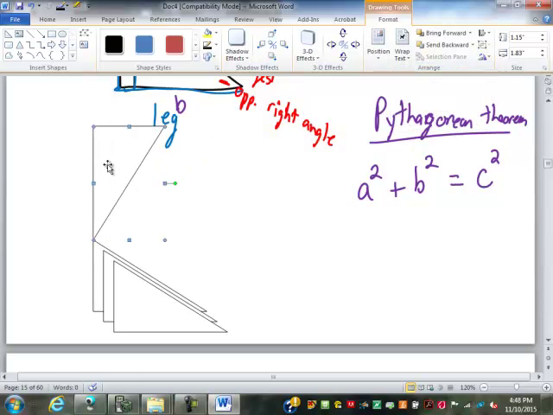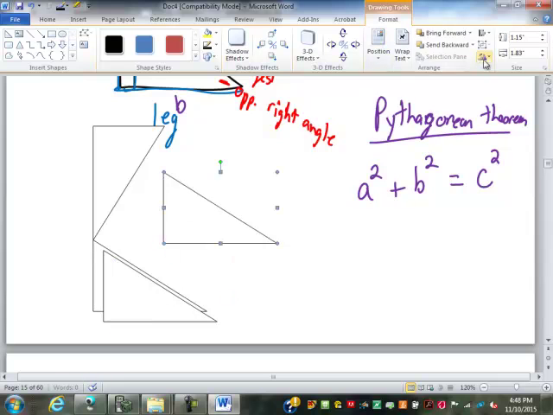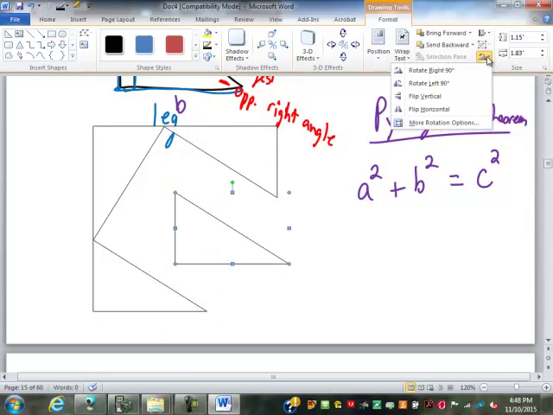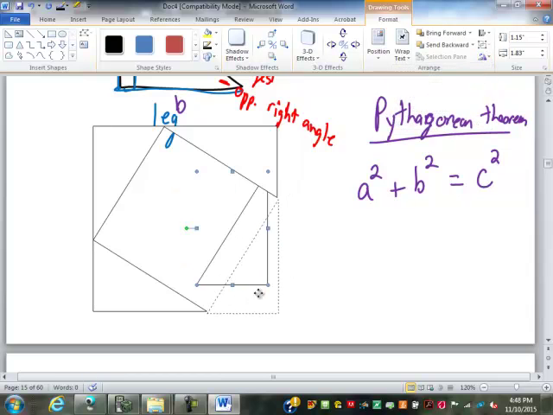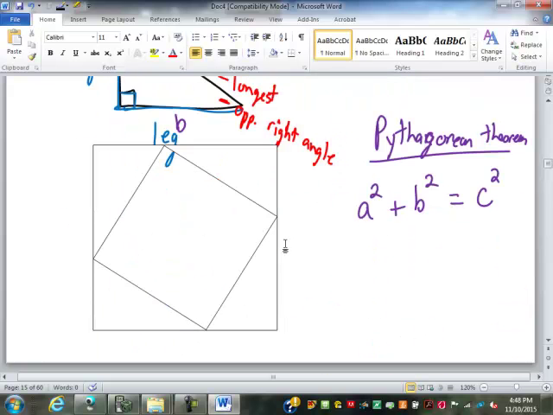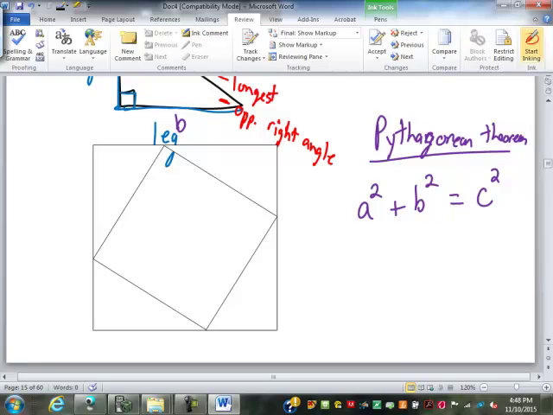So I put these triangles together here. And you can see what I've created here is a square. So I'm going to go back to my pen so I can draw here.